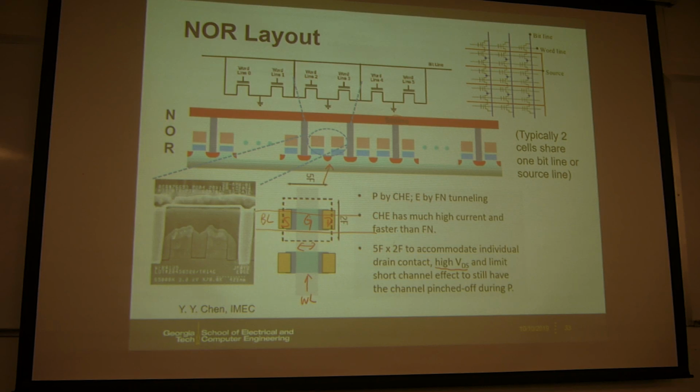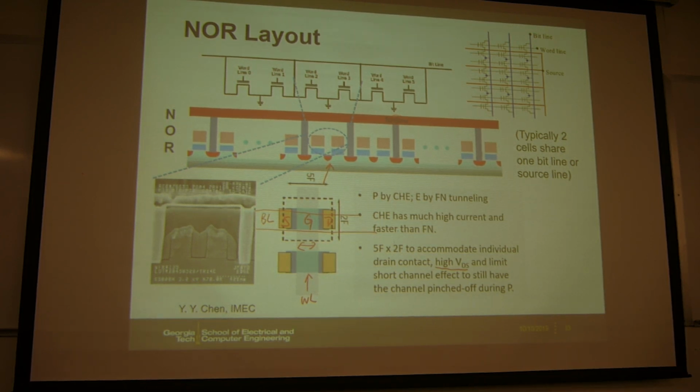For the NOR flash, we use the channel hot electron, and we need to apply a very large VDS, like 5 volts. For a normal transistor, it's very hard to sustain 5 volts. So you have to make the L longer to sustain this 5 volts. So this L is not minimized, and then you have to share the contact there.